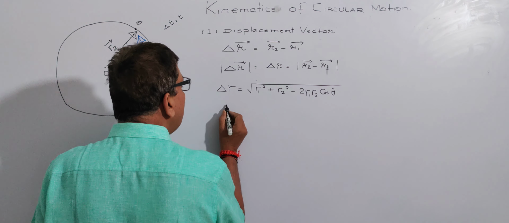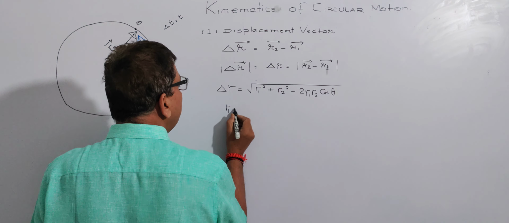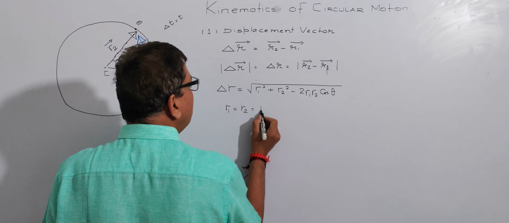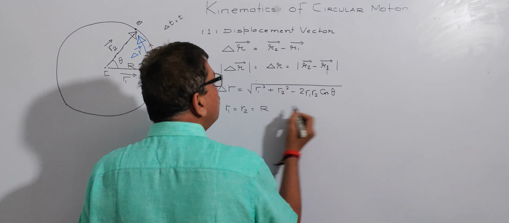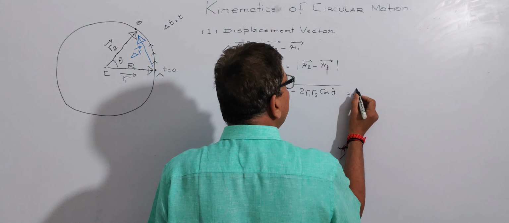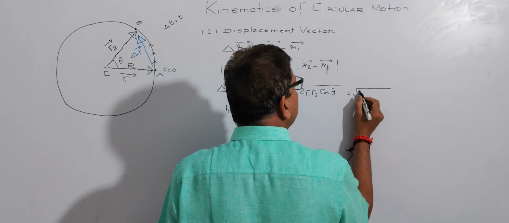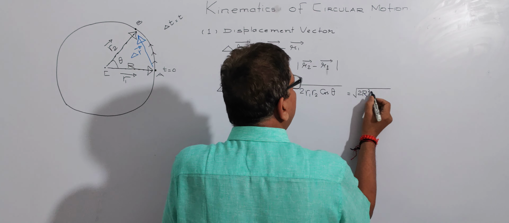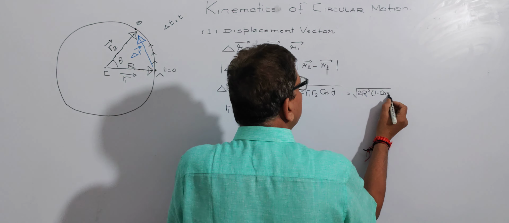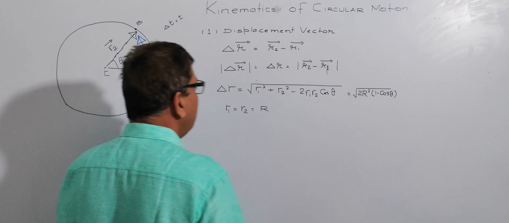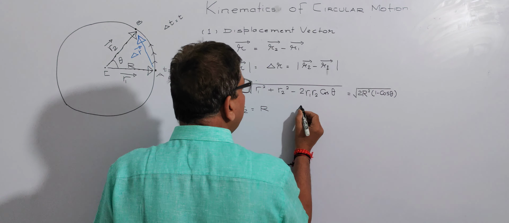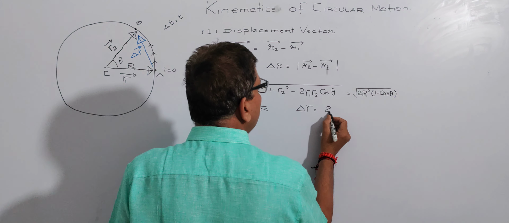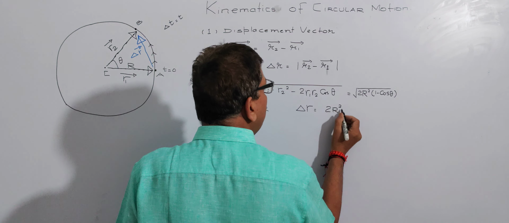Now we observe that the magnitude of position vector r1 and the magnitude of position vector r2 are equal to the radius of the circular path. So this value can be written as 2 times r square times 1 minus cos theta.